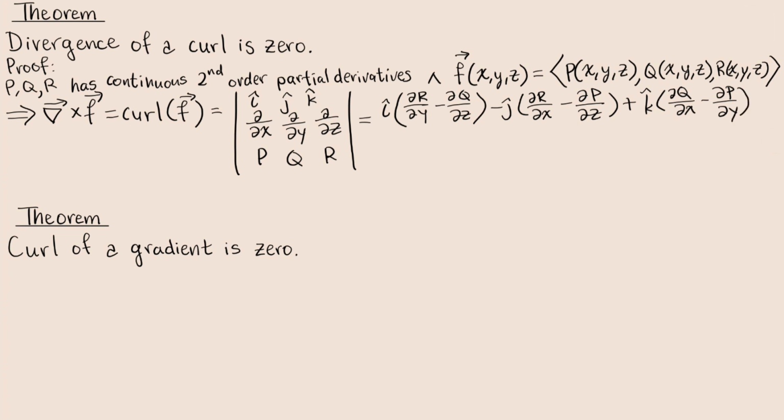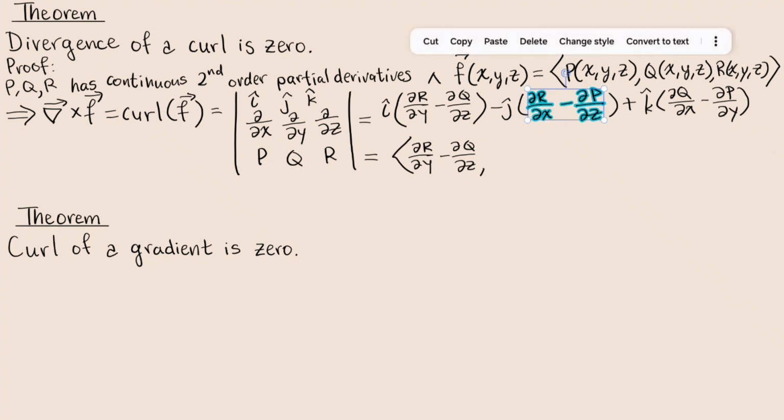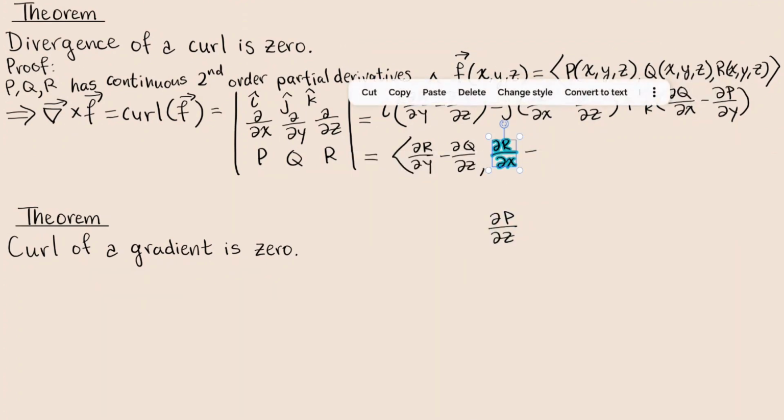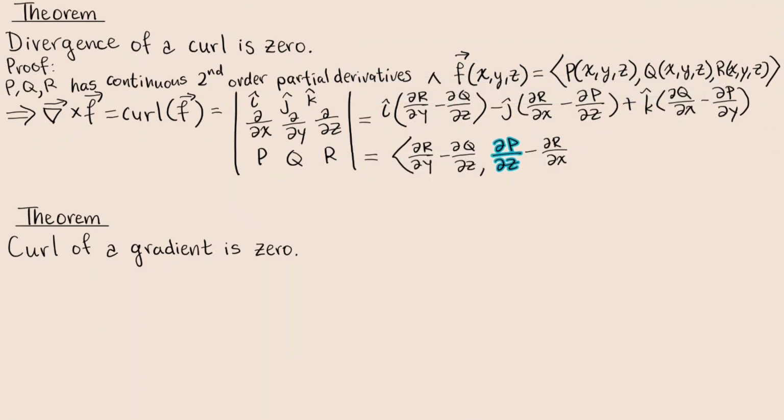All right, and this is going to equal, let me just combine it into a vector form again. It's going to be partial R over, let's just copy and paste this. And then for this one, I'll actually have to change the order because of this negative sign over here. So I'm going to have to switch these around. And then finally, I have this.